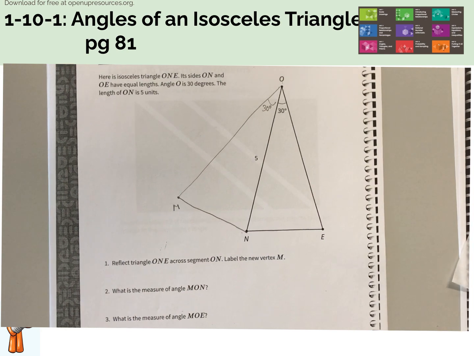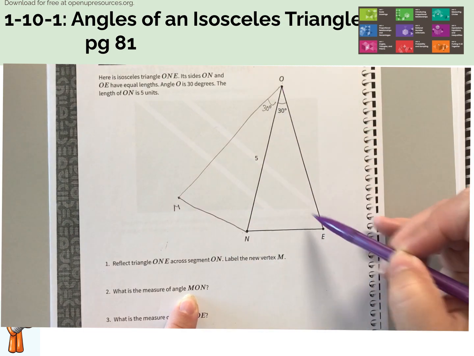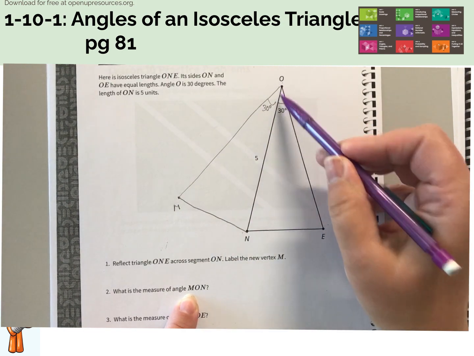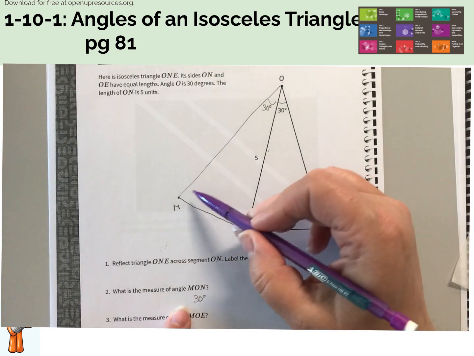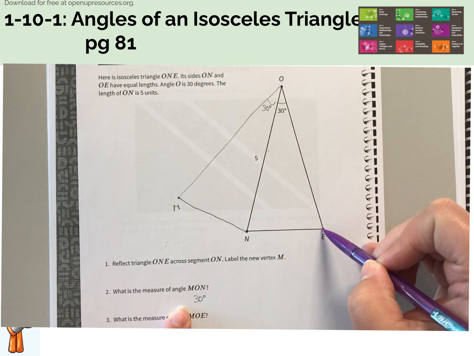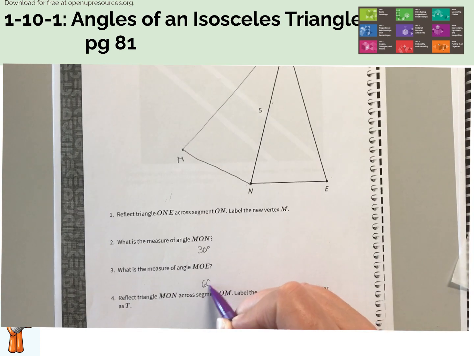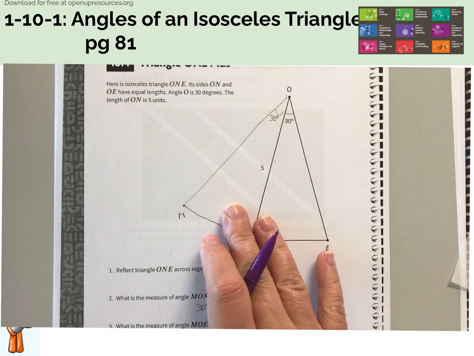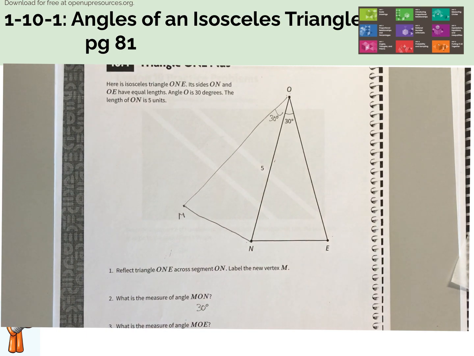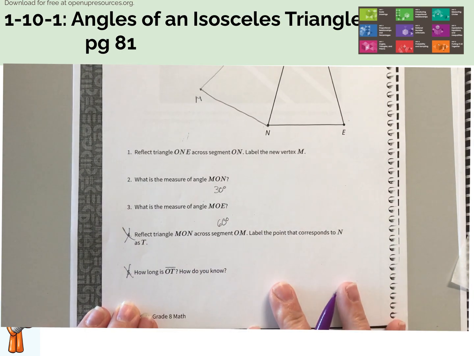So this is my new triangle. What is the measurement of MON? So what is this new angle? This angle is 30 degrees. What is MOE? That's a 30 and 30, that's 60 degrees. If we kept on doing this over and over again, we would have that same triangle over and over again. We're going to skip number 4, and we're going to skip number 5.